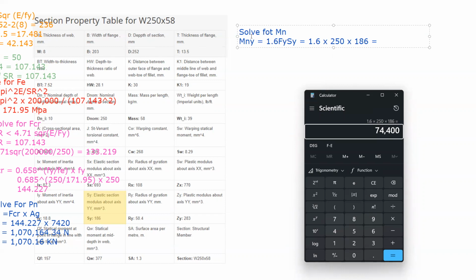And then this 186 is in millimeter cube, so let us multiply it by 1,000. So this is Newton per millimeter squared times millimeter cube.